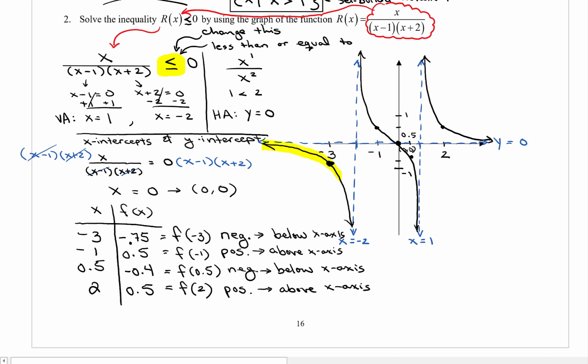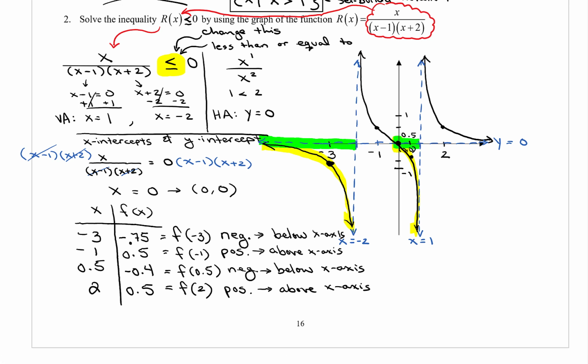So there's my graph. I'm looking to see where this is less than or equal to 0. So I'm going to highlight in yellow everywhere it's less than or equal to 0. Now I'm going to highlight in green the x values that produce those y values, because that's my final answer.